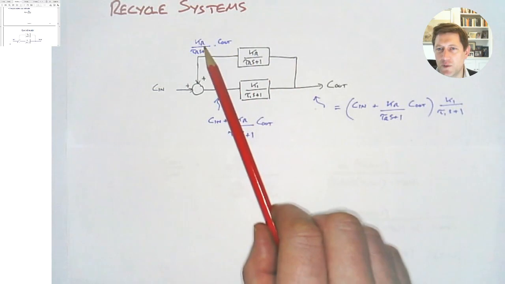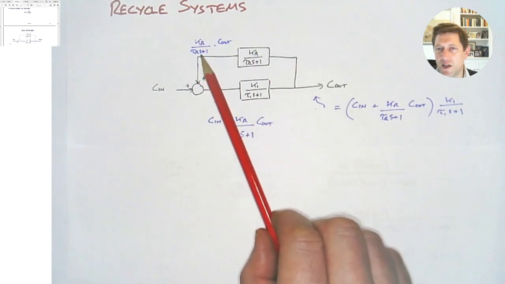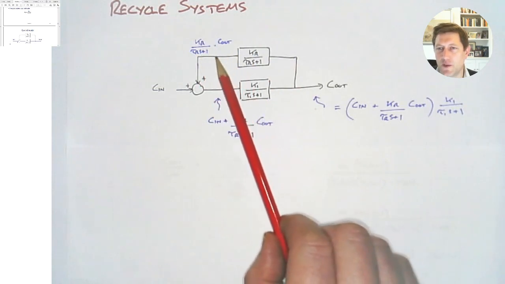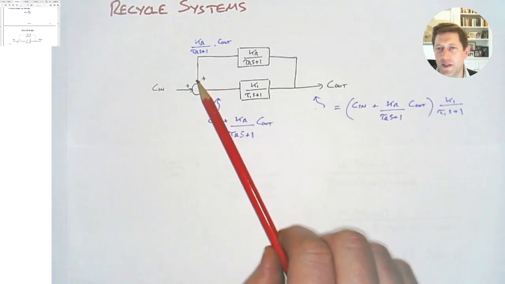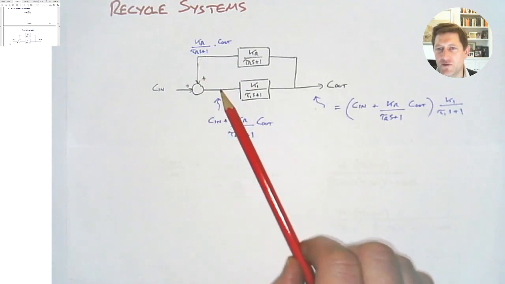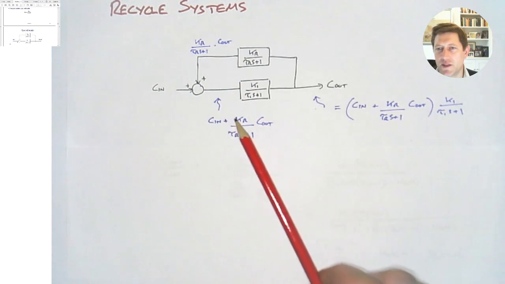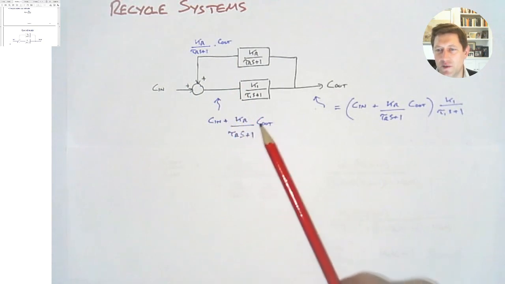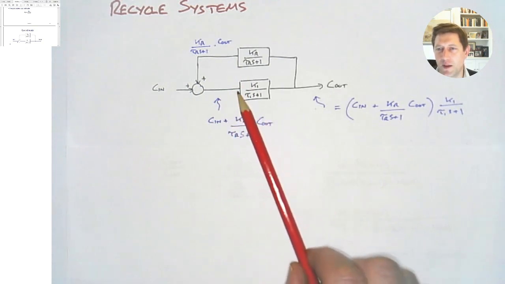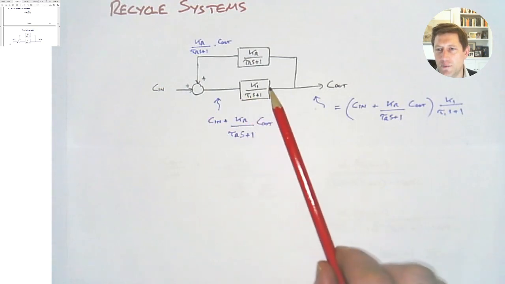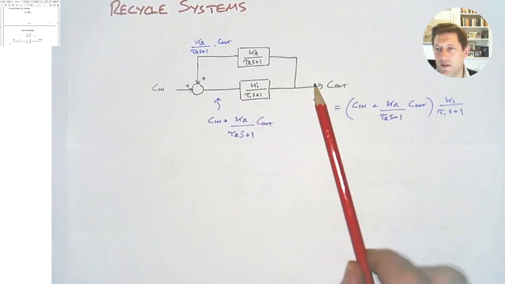So it's C out multiplied by KR over tau R S plus 1. That's what's coming out of the recycle stream, feeding in here, and they're being added together. So in this stream, we've got C in plus KR over tau R S plus 1 times C out. And then all of that goes through the main process here, coming out this way.